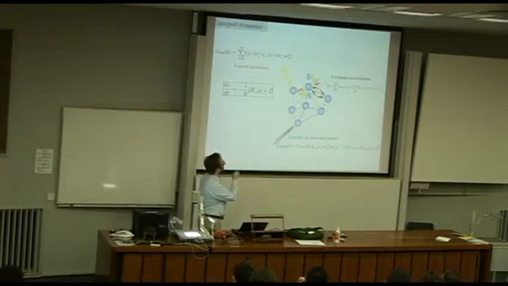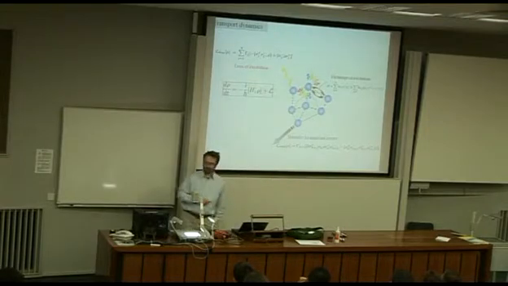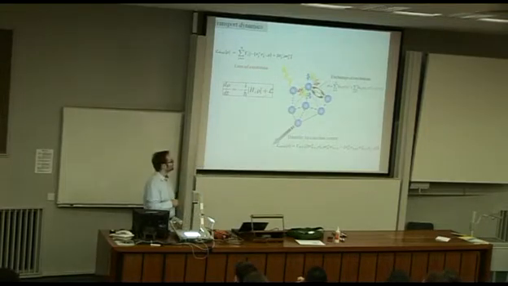This is a little network of sites. Each of them can have one excitation, and these excitations can hop back and forth between those sites in a coherent fashion. This is the Hamiltonian: destroy an excitation on one site, create it on the other site. And there you have these terms. This is the excitation energy, what it costs you to make an excitation in one place.